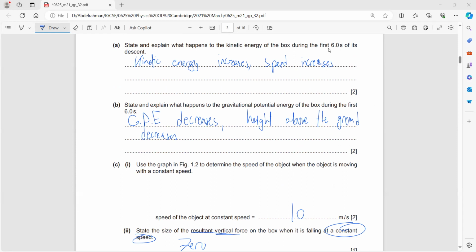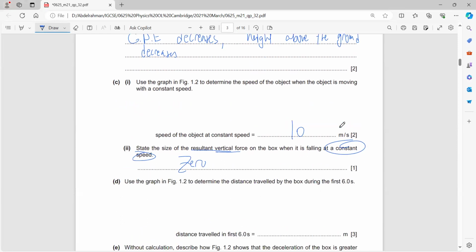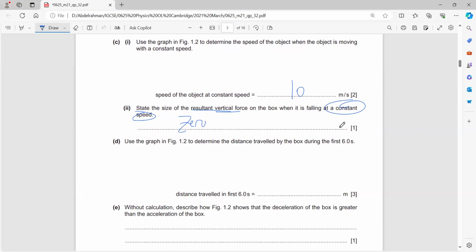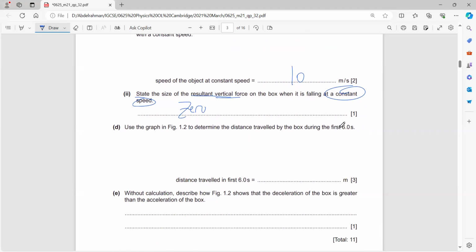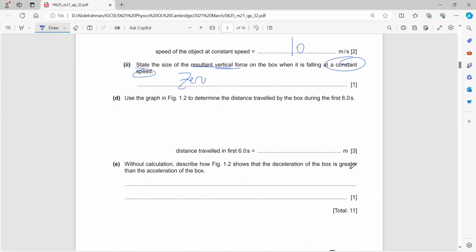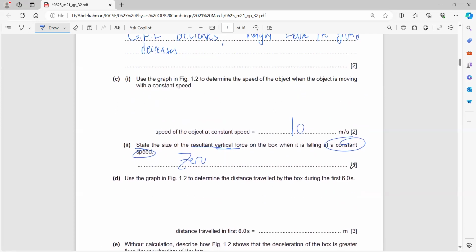So when the height is decreasing, the gravitational potential energy is also decreasing. Okay? Right? Okay. I'll take that as an okay.